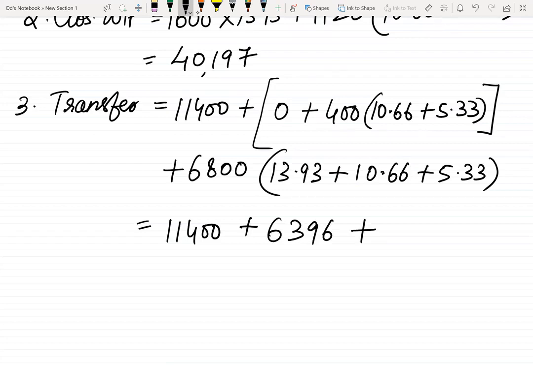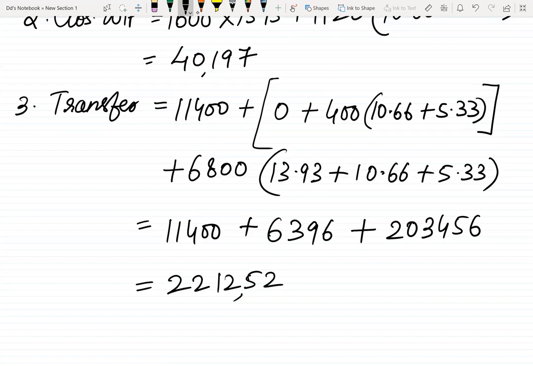This will be 6396 and this is 203456. When you add all of this, approximately 221252.